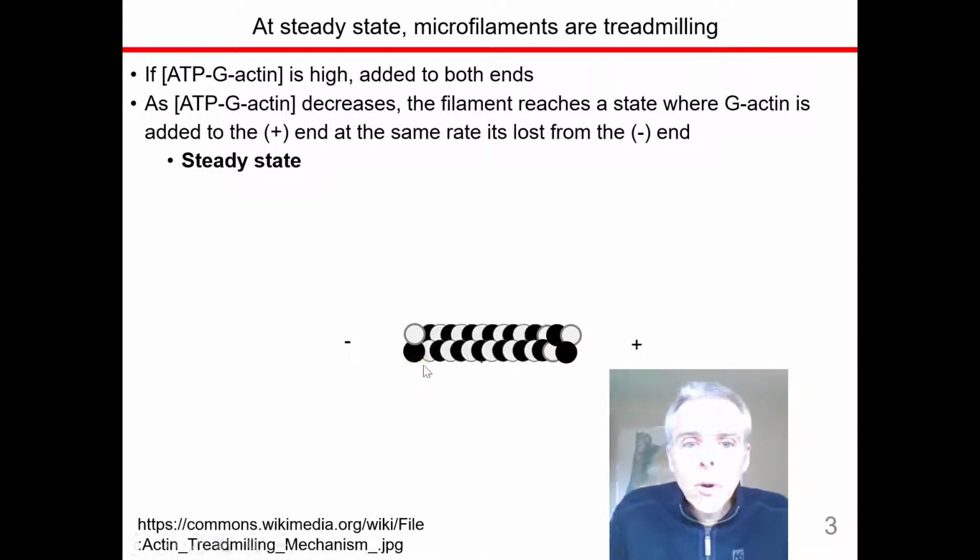So we'll get to a point where we'll lose these ATP monomers from the minus end, but we'll still be adding them to the plus end. So now our polymer is at steady state. It's not growing or shrinking. It's losing monomers from one end at the same rate as it's adding monomers to the other end.